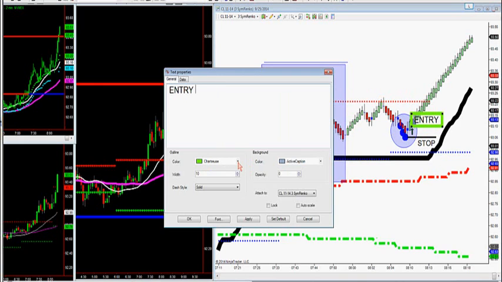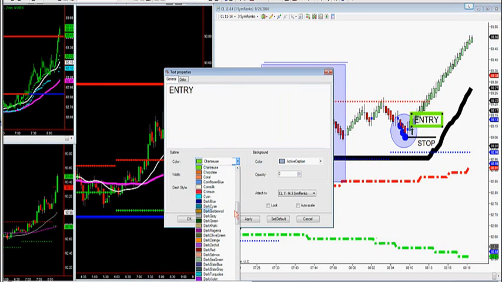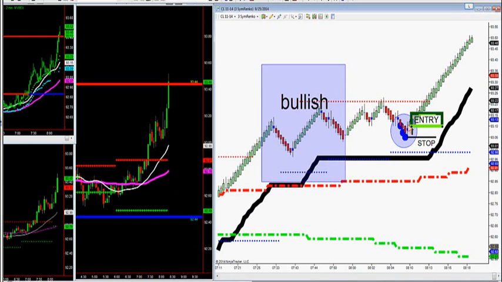Get the same color for you. Where's my dark green at? Hold on, let me find it. Entry is the arrow. The stop is this black line that forms. Okay?